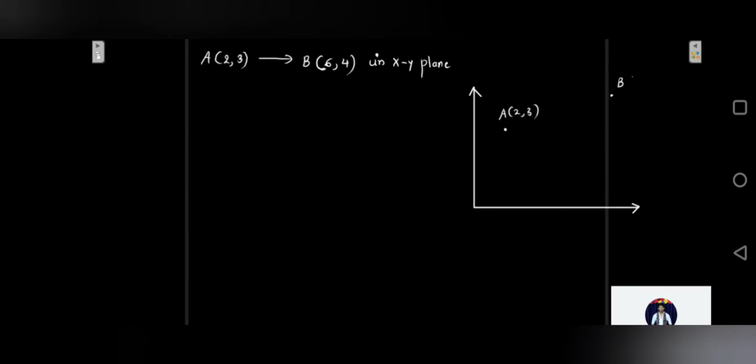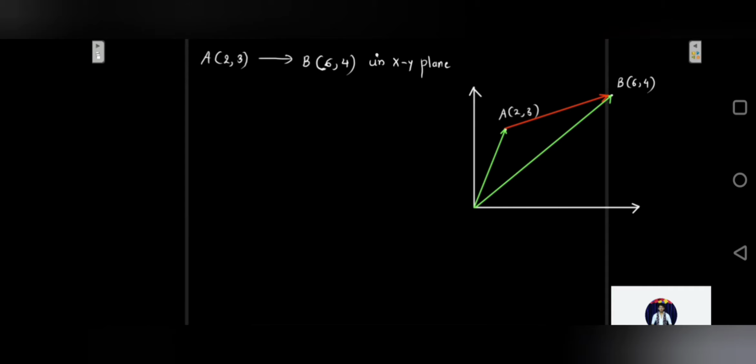So B is (6, 4). Let's mark their position vectors now. Let's say R1 is the position vector of A and R2 is the position vector of B. Our particle is moving from A to B like this. So we have to find this displacement vector over here.